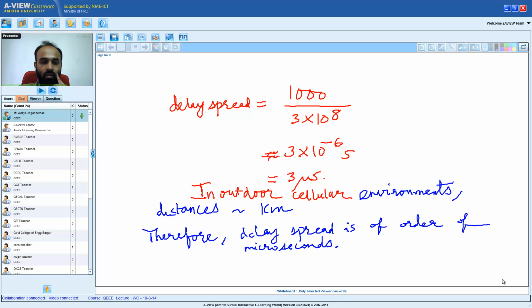This part is clear to everyone. So, typical outdoor delay spreads are of the order of microseconds.